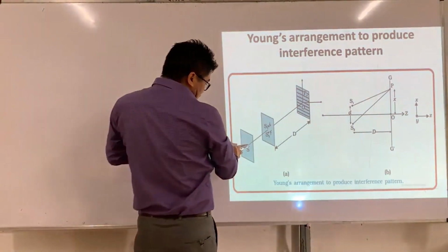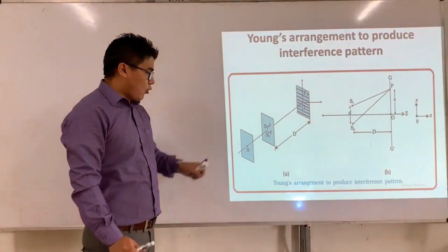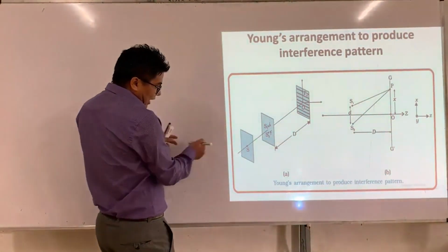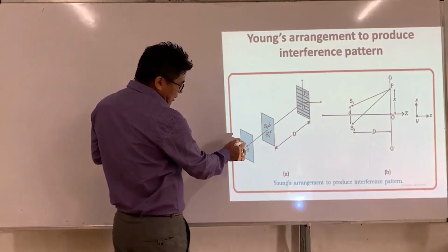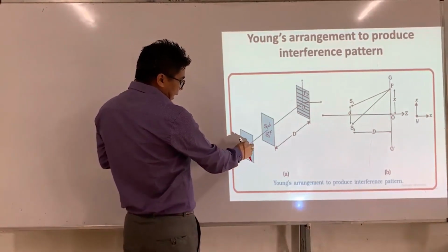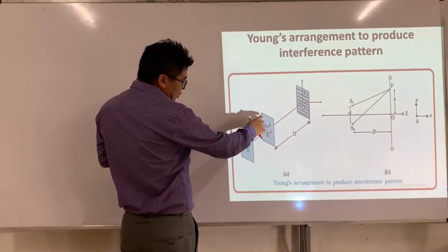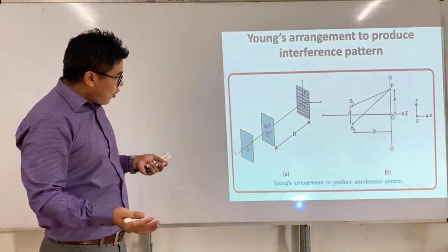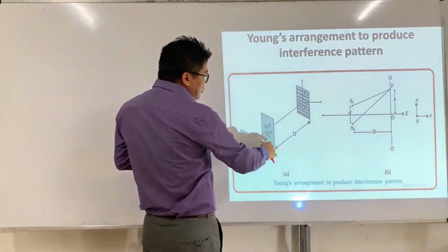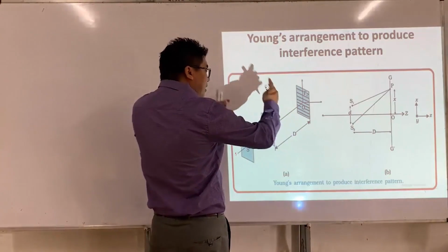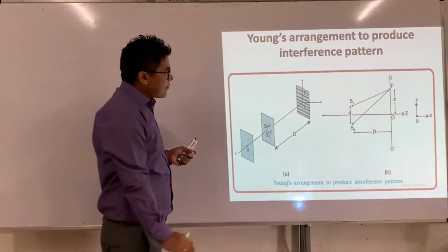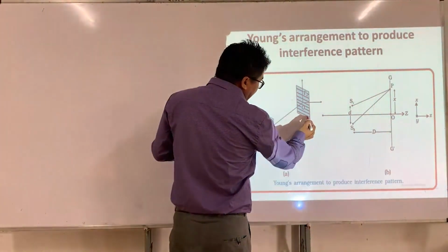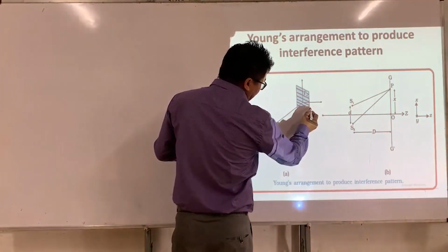This is the primary source, and the light from it passes through a slit and falls on the two slits, S1 and S2, which act as sources. Light from S1 and S2 interferes or combines on the screen, and these are the interference fringes.